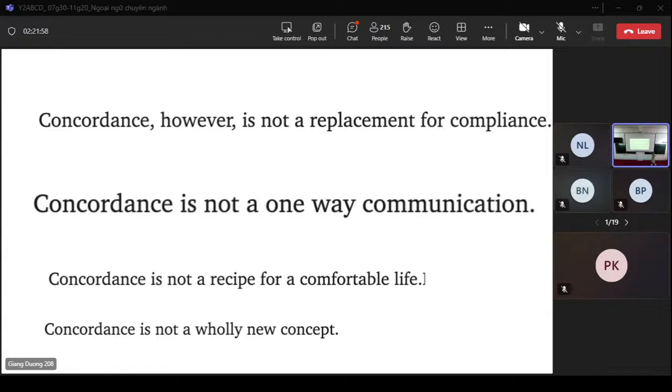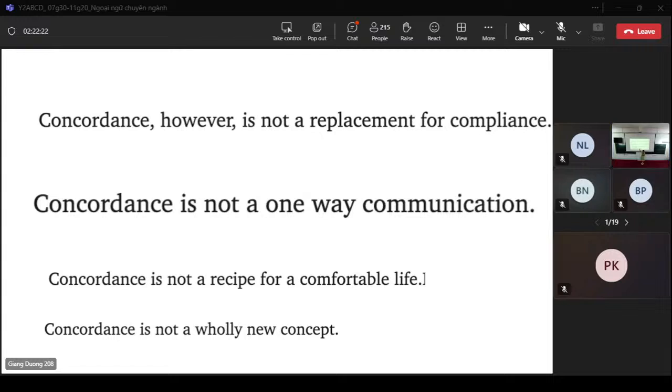It's not a recipe for a comfortable life. This means that we have to struggle to reach the conclusion that we should take this medicine or not. Okay? And concordance is not a wholly new concept. It's old. However, it's hard to be applied in reality.